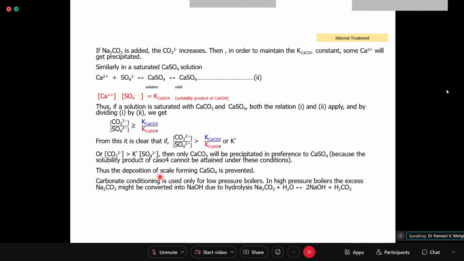Thus the deposition of scale forming calcium sulfate is prevented, and carbonate conditioning is used only for low pressure boilers. In high pressure boilers, the excess sodium carbonate might convert to NaOH, causing caustic embrittlement, and this calcium carbonate also deposits as scale in high pressure boilers.